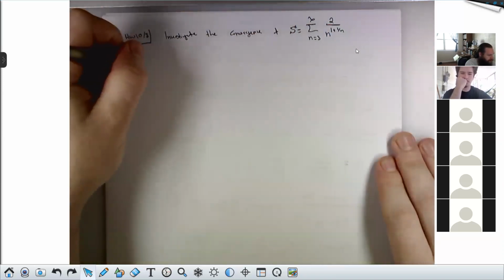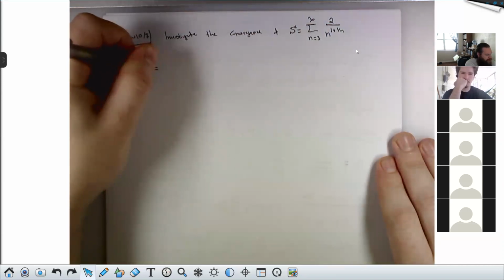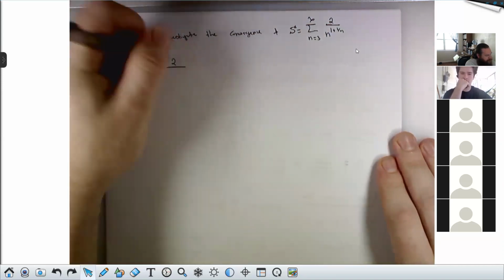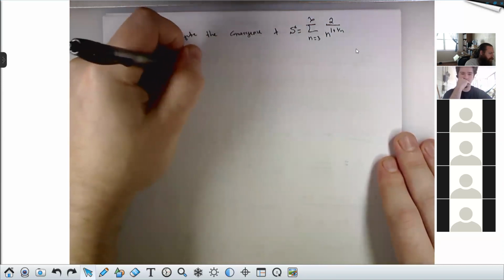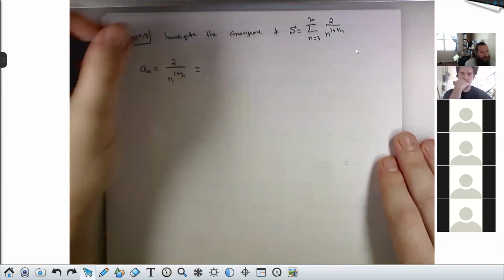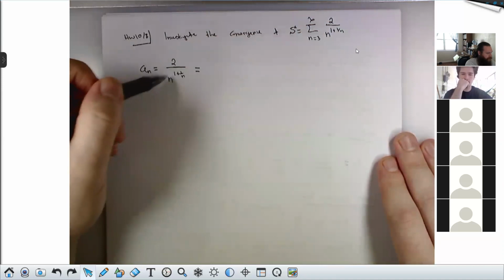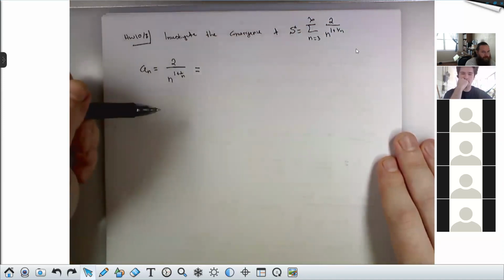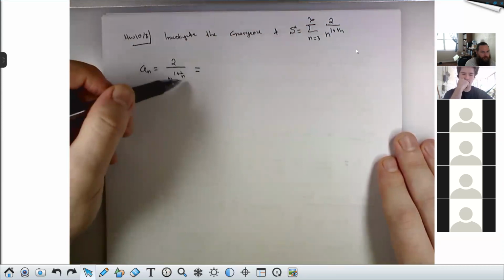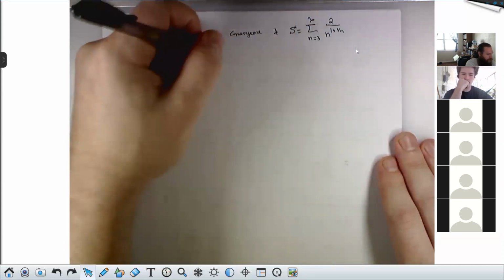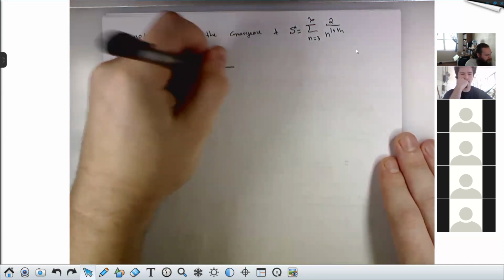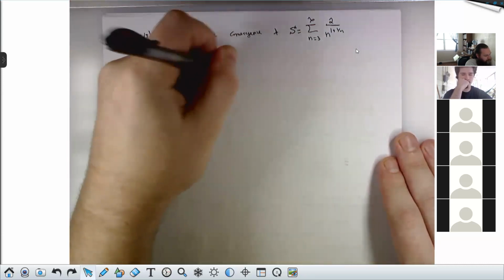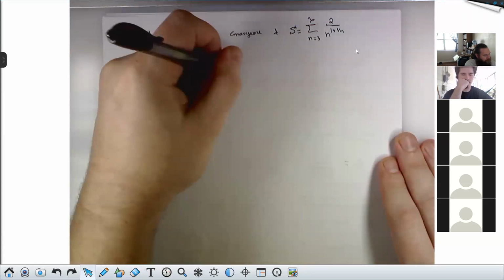So again, at the start, I'm just going to look at my an's. And in this instance, I think it's useful to use some algebra, right? This is a funky looking thing, n to the 1 plus 1 over n. That's definitely what makes this problem feel weird. So let's try to get rid of that. By your rules for exponents, that's the same as n to the 1 times n to the 1 over n.